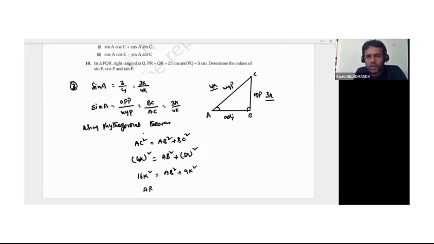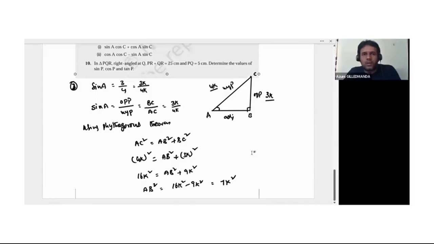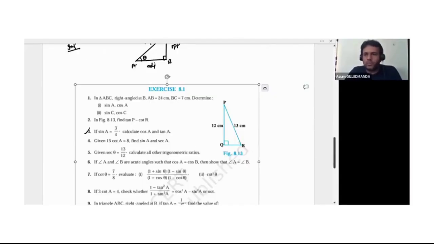Then what is AB square? So I'll send that value to the other side. That is 16K square minus 9K square. So what is that value? 16 minus 9 is 7, right? Yeah, 7K square. One minute.